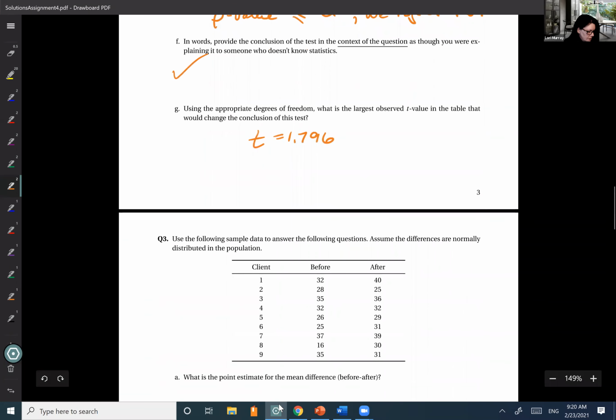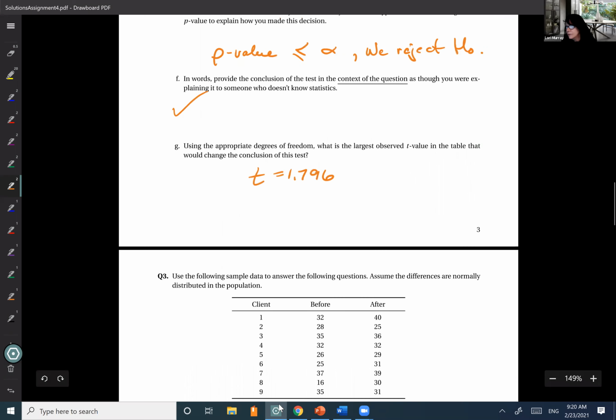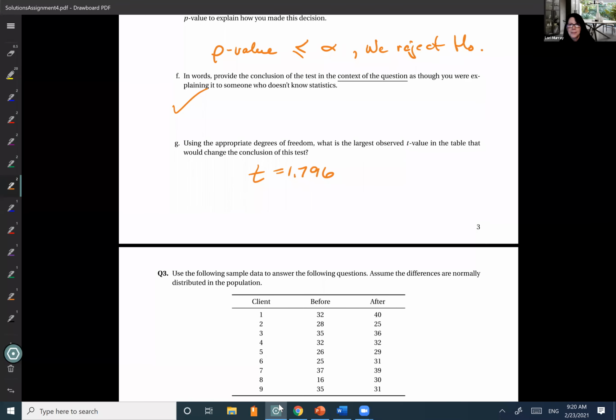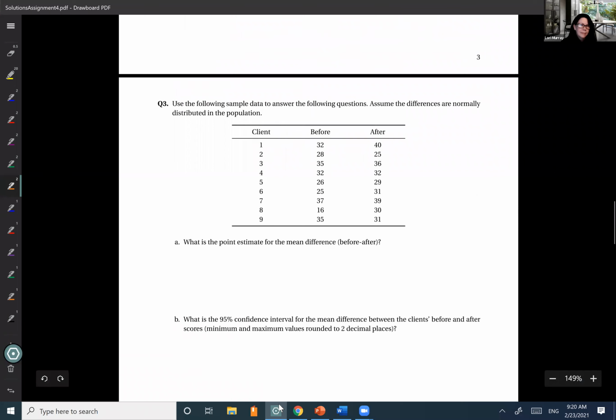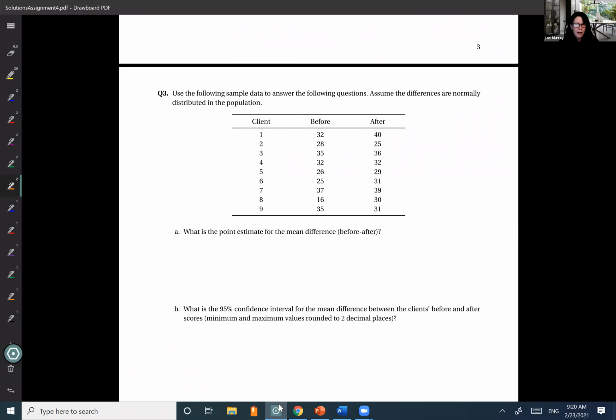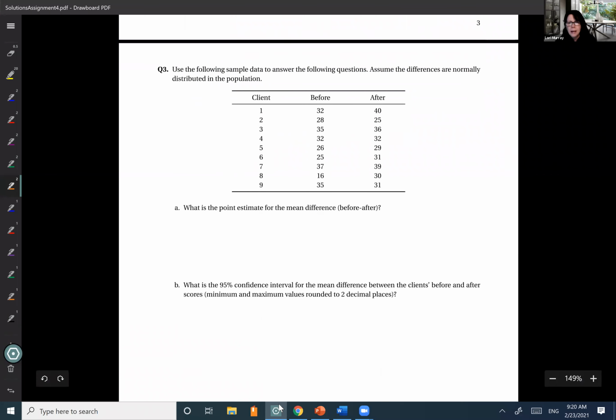All right, question 3. Any questions before I keep going? All right, question 3, we have dependence. Before and after, we can see that the differences are normally distributed in the population. So we need another column to make those differences.